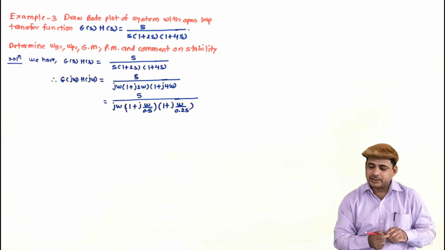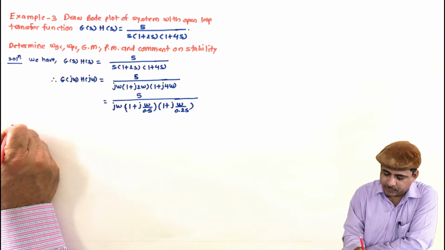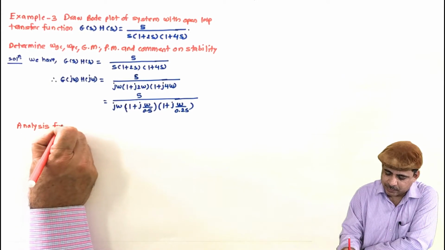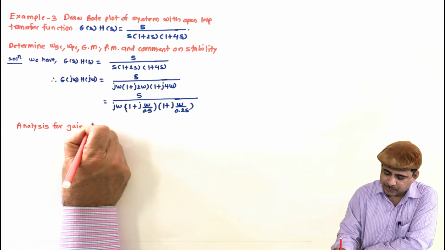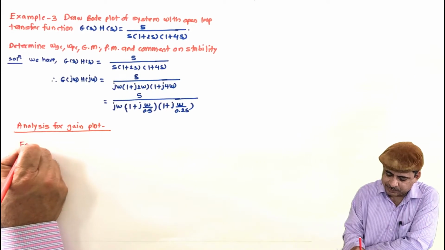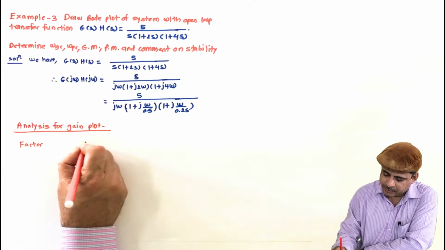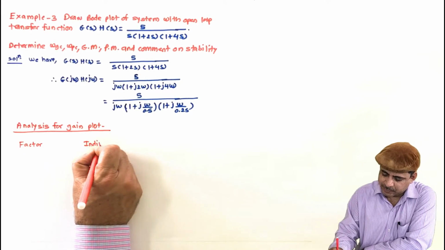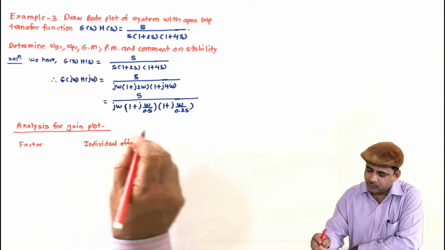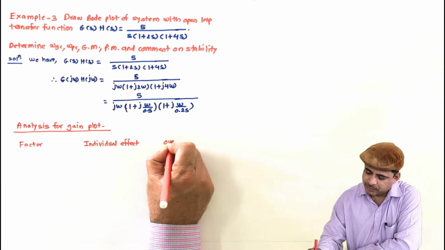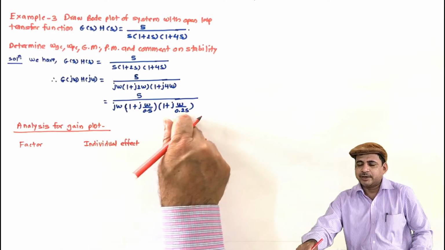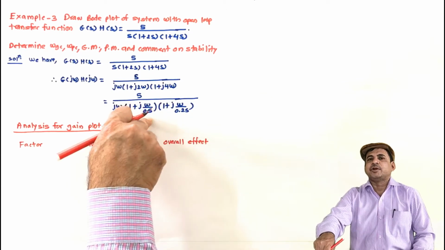So let us move to analysis for gain plot. The different factors are K equal to 5, pole at origin, then pole at omega equal to 0.25 and then pole at omega equal to 0.5.